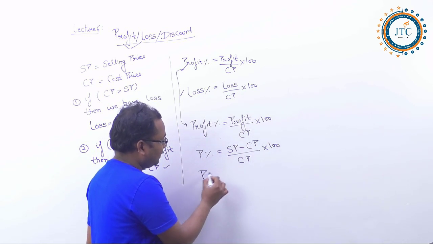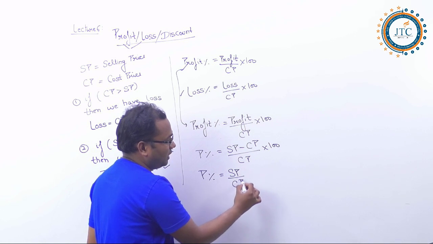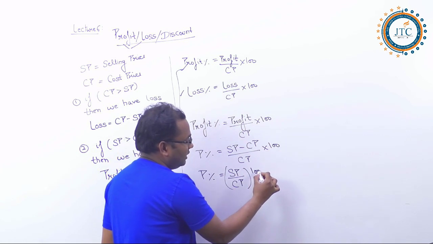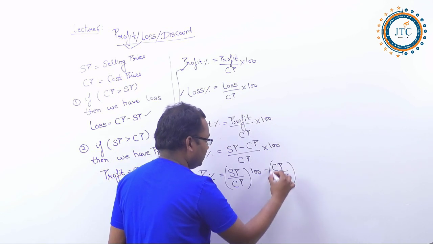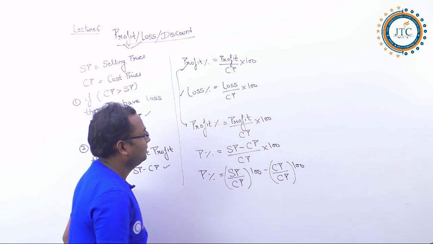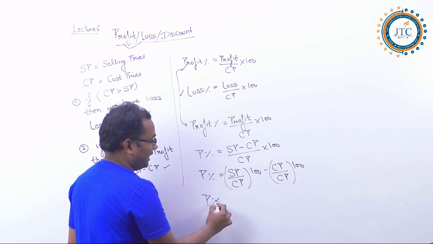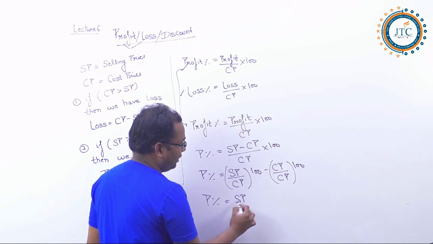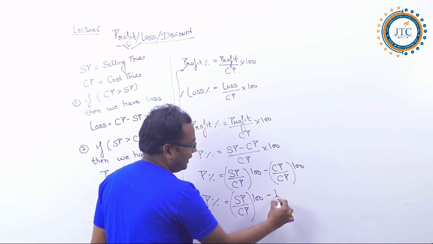And after that, profit percent is equal to SP upon CP into 100 minus CP upon CP into 100. And after that, profit percent is equal to SP upon CP into 100 minus 100.